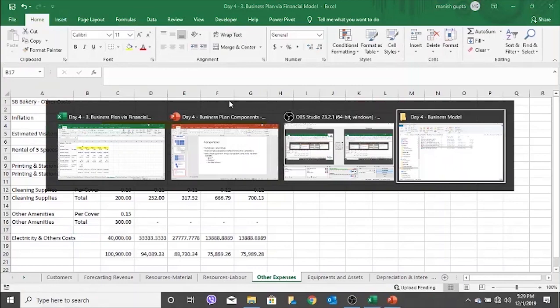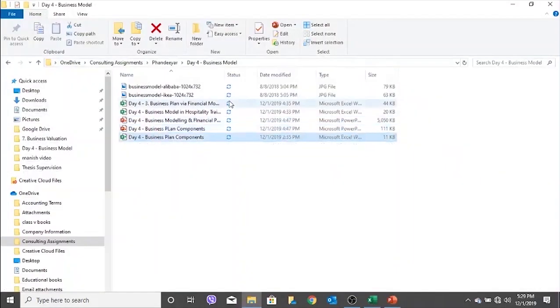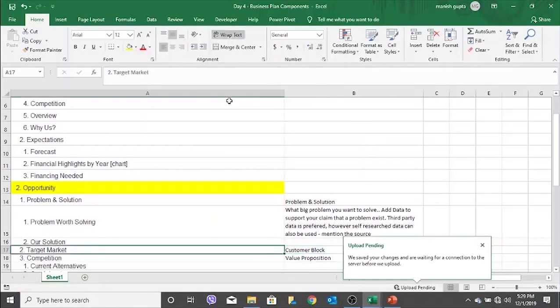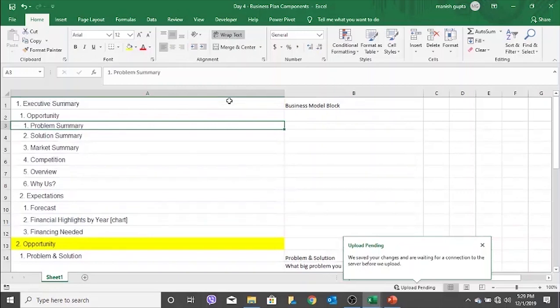So this is something which we will give you, I will pass it on to you also. These are the components of a business plan. Usually this is what you need in a business plan.